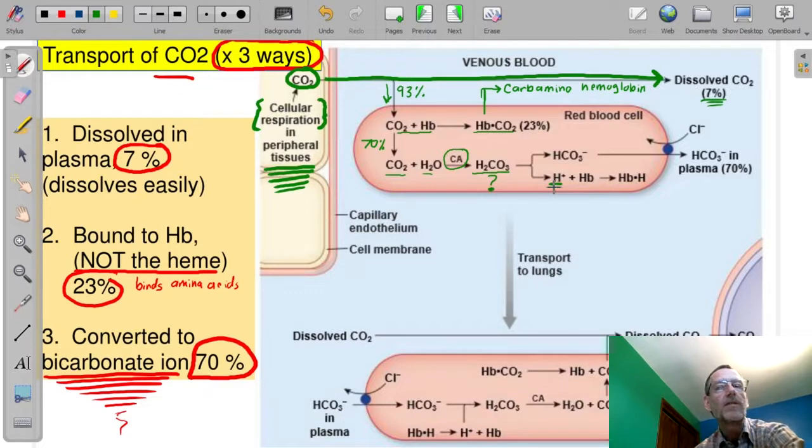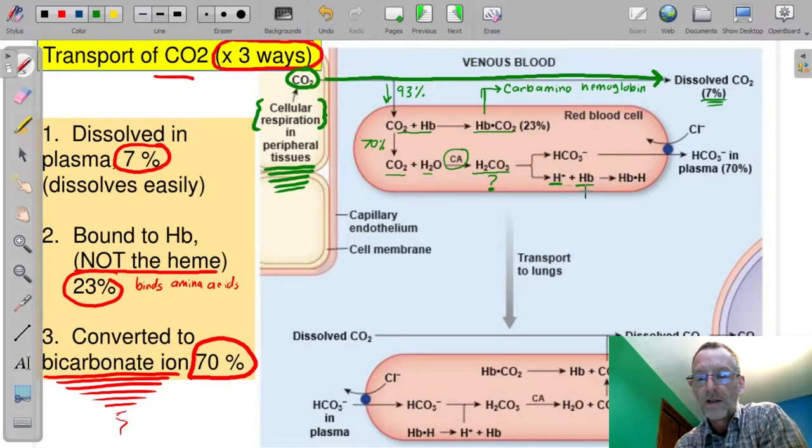And when we talked about blood buffers, we talked about proteins doing most of the buffering. So the hydrogen binds to the hemoglobin. Remember, we're at the tissues, so the hemoglobin has lost its oxygen.